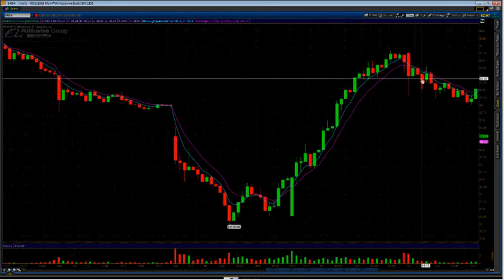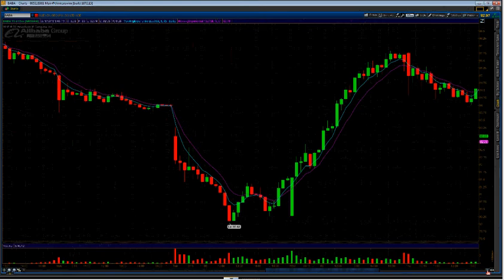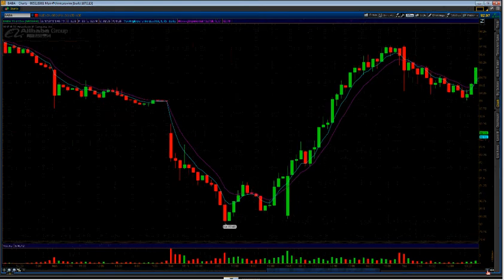Gave you a puts buy right here. And there's your cross.